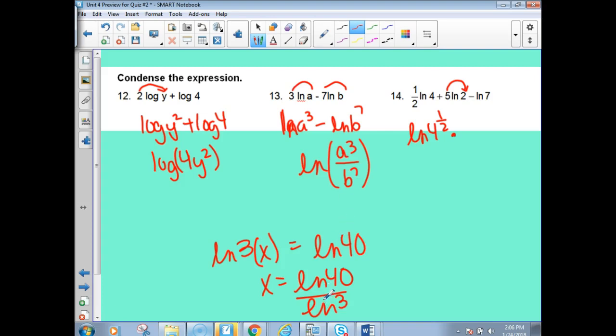You have to type natural log of 40 divided by natural log of 3. Okay? So that's very different than this when we're condensing it. All right? Condensing them down or simplifying the expression would lend itself to one logarithm. So never write 2 in one of those. Okay? I guess I overkilled that.